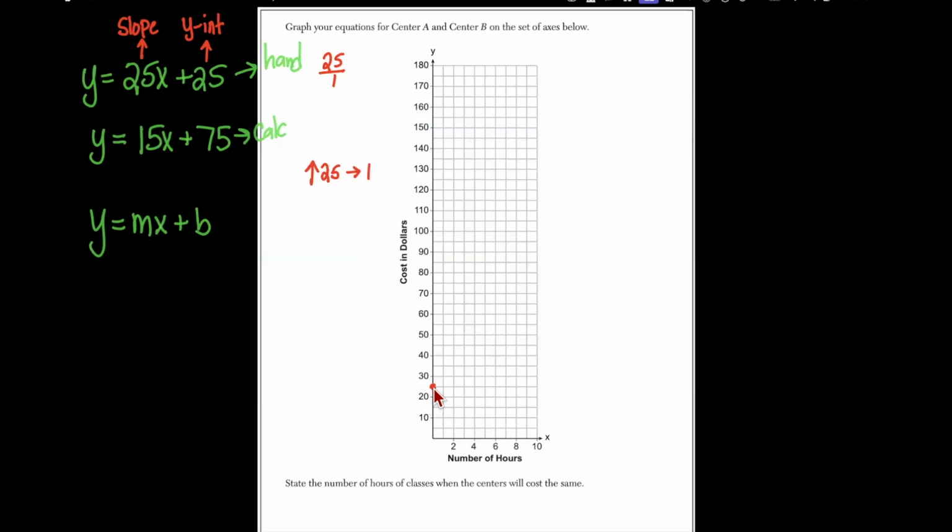From my y-intercept, I'm going to go up 5, 10, 15, 20, 25, right 1, and plot a point. Remember, slope is just instructions on how to plot your points. Next, up 1, 2, 3, 4, 5, right 1, and just use that recipe again.